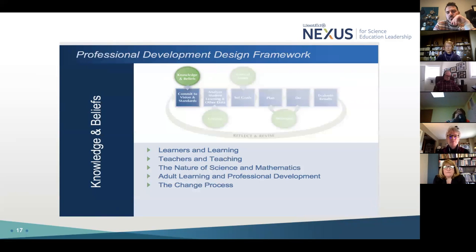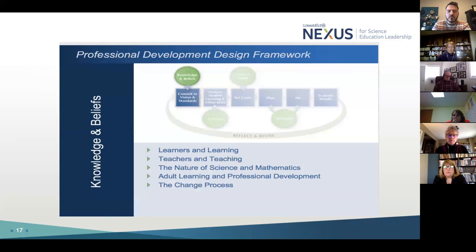And the 5 areas that we identified, and this overlaps a lot with what you saw in the framework, that we need to understand and be informed by: what we know about learners and learning, who our learners are, how they learn.